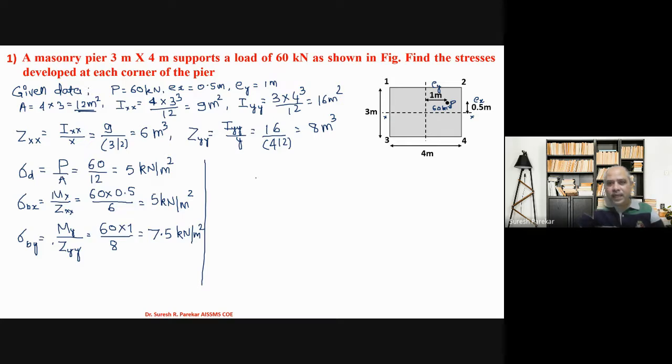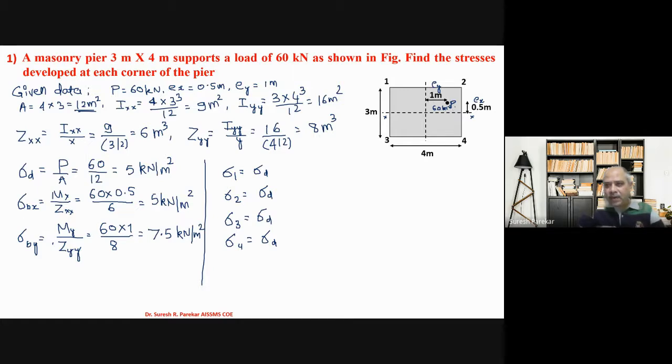So if we write first sigma 1, then we have sigma d plus. I will write all. Then we have sigma 2, sigma d is here also plus. Then I will write sigma 3, sigma d we have plus everywhere. And then we have sigma 4. That is direct stress. We have always plus. Now we are interested with sigma bx.